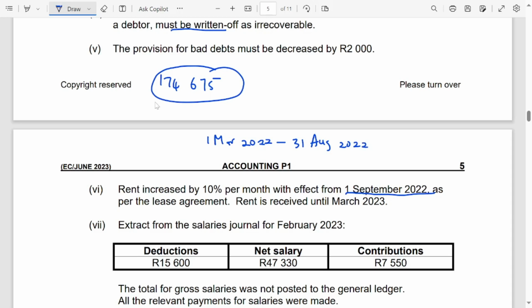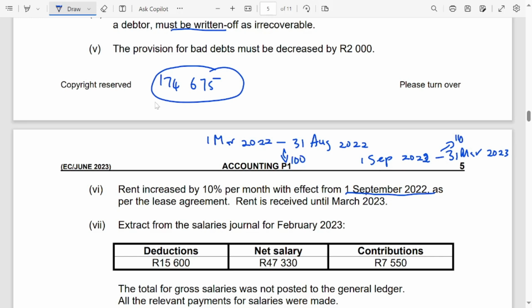But from the 1st of September 2022 to 31 March, because we also received the rent for March 2023, the rent had an increment. So from the first month, the rent was 100% per month. Then from the 1st of September, the rent was now 110%.